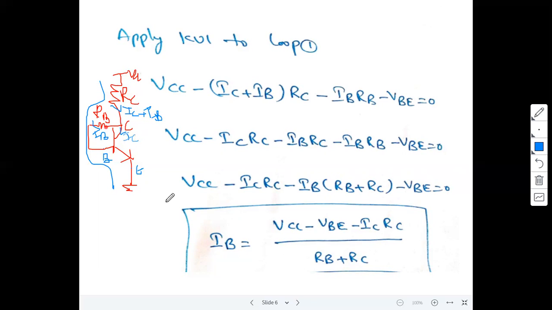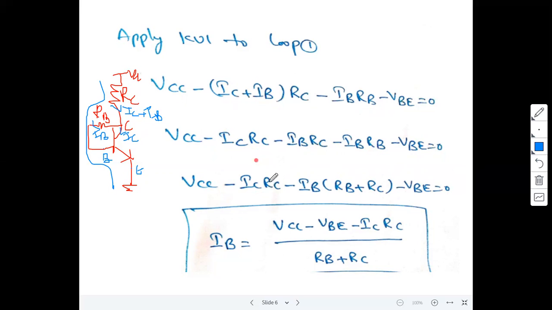Applying KVL: VCC minus (IC plus IB) RC minus IB RB minus VBE is equal to 0. Simplify: VCC minus ICRC minus IBRC minus IBRB minus VBE is equal to 0.